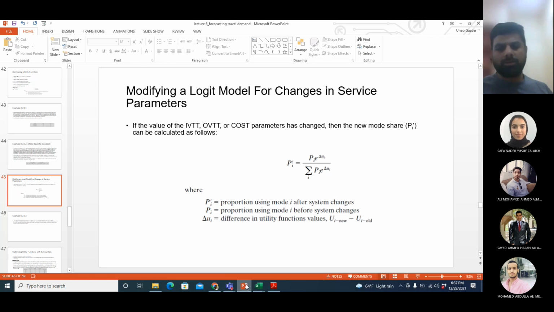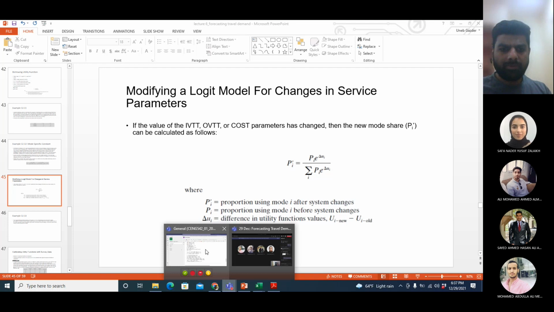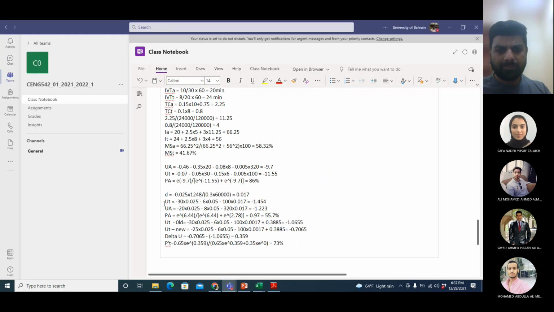Okay, so this is how you can calculate the change in the probability. And you can do the same thing by calculating the probability from scratch again. So you use the same method which we did here, but the utility for transit will be calculated using 25 instead of 30, and then you will use the probability like this without the difference.